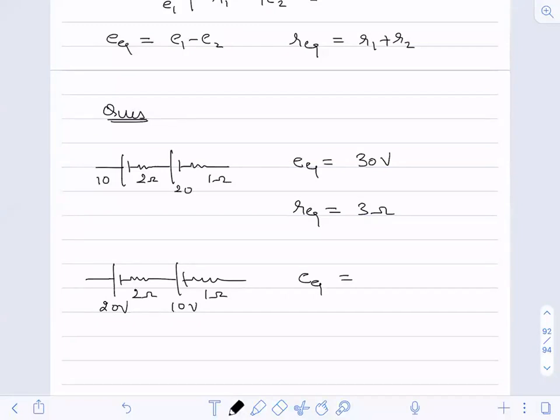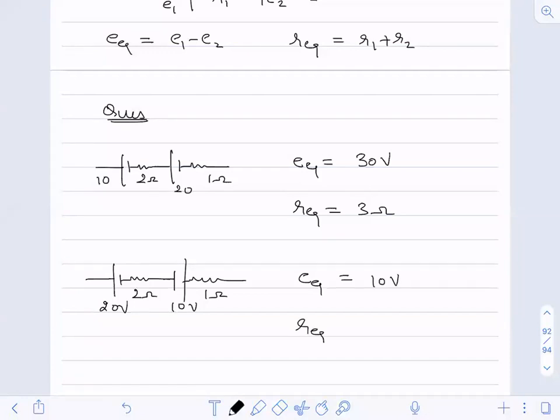Not like this. It is not connected like this; instead, it is connected like this. Now you have to tell. 10 volt. Very good.